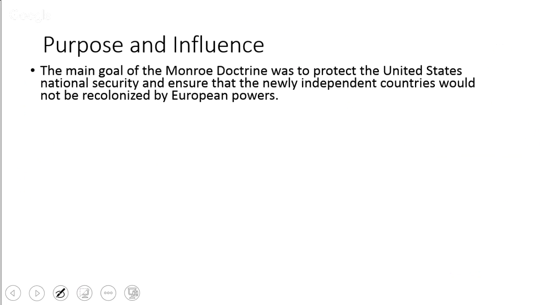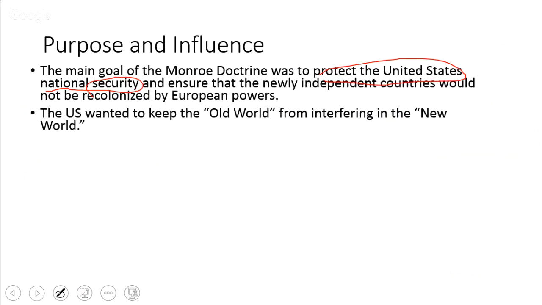So let's see. The main goal of the Monroe Doctrine was to protect the United States' national security. Did you see that? And ensure the newly independent countries would not be recolonized by European powers. The US wanted to keep the old world from interfering in the new world.